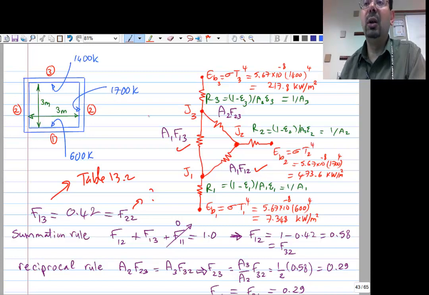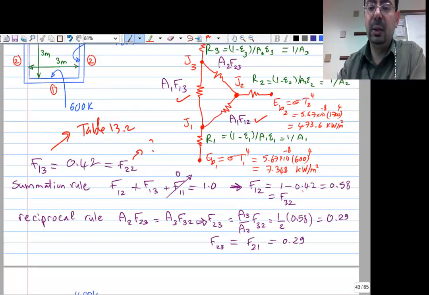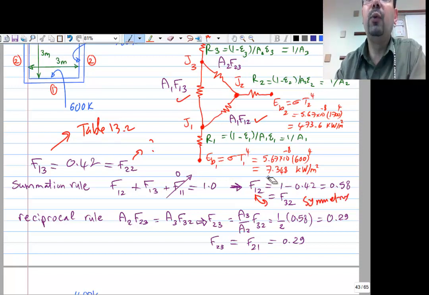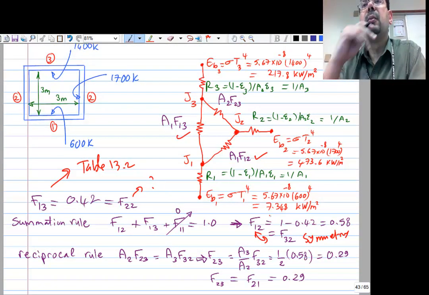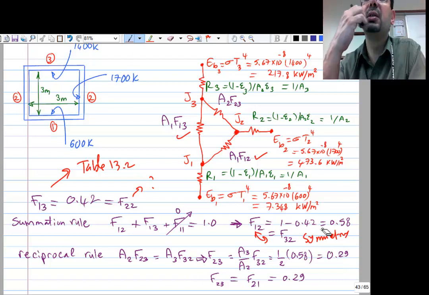So it's basically because of the symmetry. That F12 is exactly F32. Except that here he didn't ask for F32, it's F23. The way we wrote it is F23, but that's okay. You can switch this to A3 F32, or basically you can use it from the equation and you come up with F23 out of it. So it turned out that F23 is 0.21.